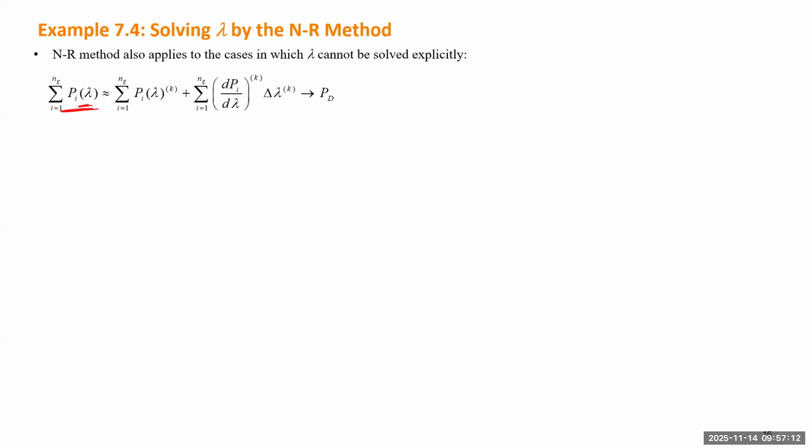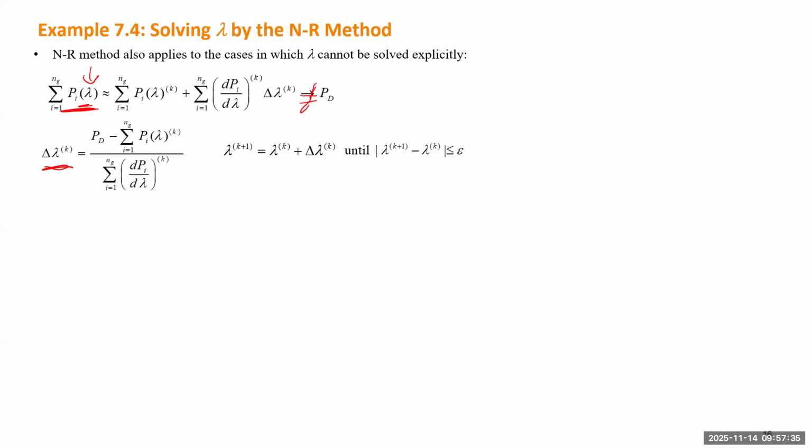If lambda is not at that $8.5, it will not be equal to the final load. Okay, but you can iterate. In the Newton-Raphson method, each iteration you can update that lambda until the gap becomes 0. So each step you can update the lambda value.